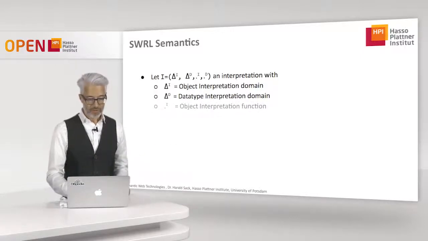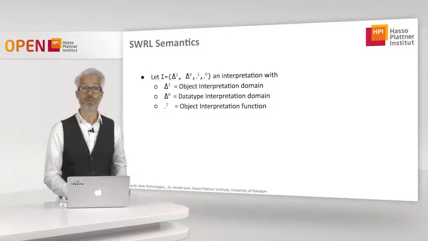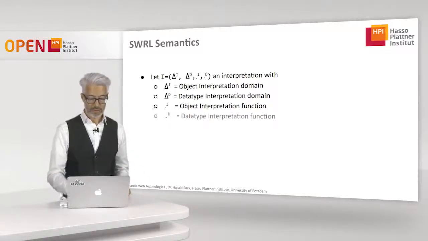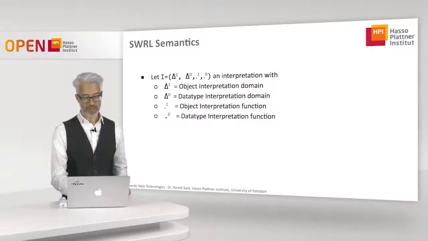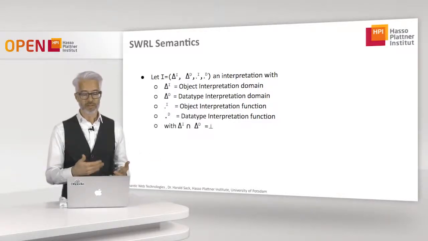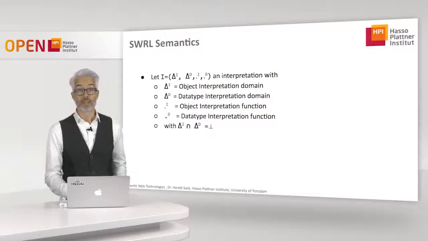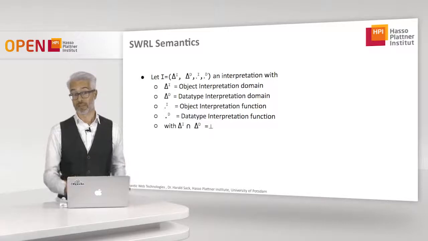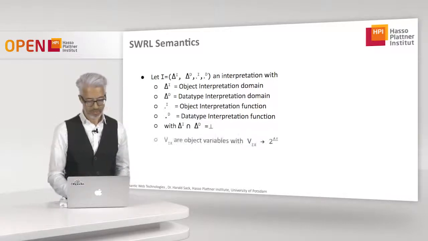And then we have, of course, interpretation functions. I is the object interpretation function, and then we have D as the data type interpretation function. And usually, of course, the two domains, the object interpretation domain and the data type interpretation domain, have to be disjoint. So that's the usual stuff.